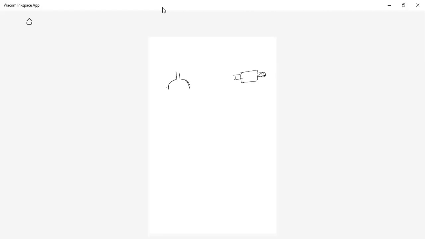Why does the name come as circulator? We will see. I'm taking a 4-port circulator. This is port 1, this is port 2, this is port 3, and this is port 4.